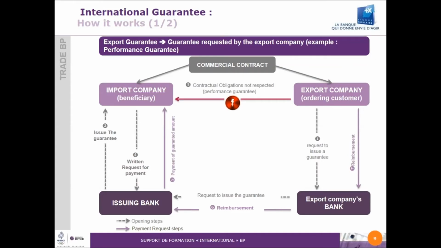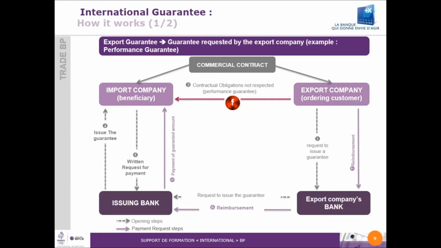Here we make a little scheme of the process so as to explain how it works. So you see that the commercial contract is made between the export company and the import company, but it's independent from the guarantees. Here is an example of a performance guarantee in a case of indirect guarantee.